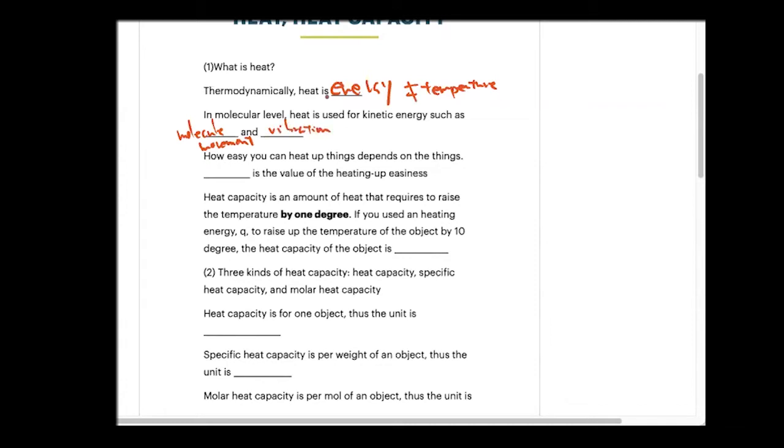So these are the two biggest things for kinetic energy, and these are directly related to the temperature as the result of molecular movement or vibration.